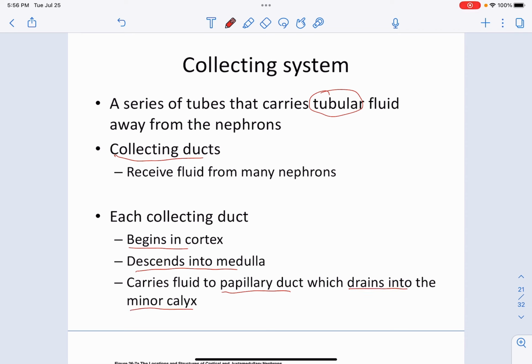So if you piece all that back together, it's flowing from the nephron into the collecting duct, into that renal pyramid, and then to the papillary duct, which then drains into the minor calyces. And then of course it goes into the major. You can remember that from when I was just talking about it a few slides back.